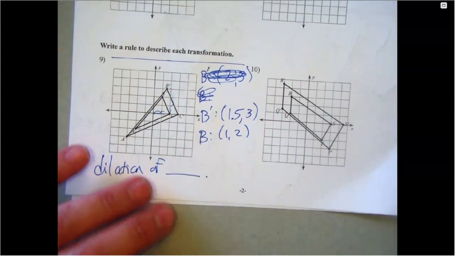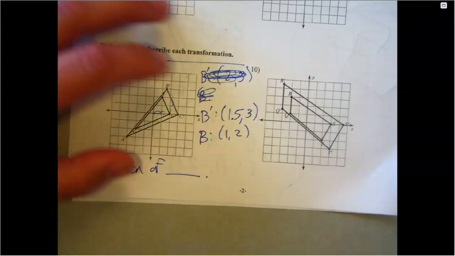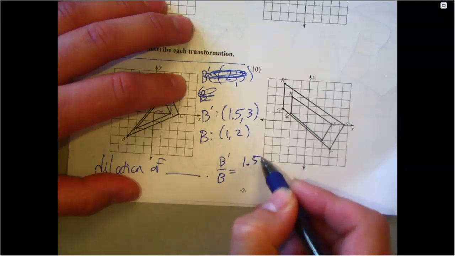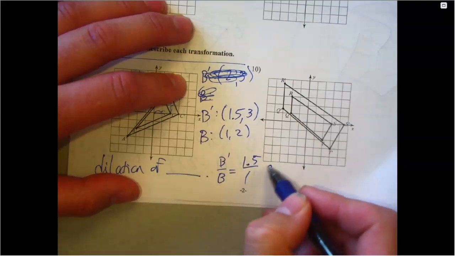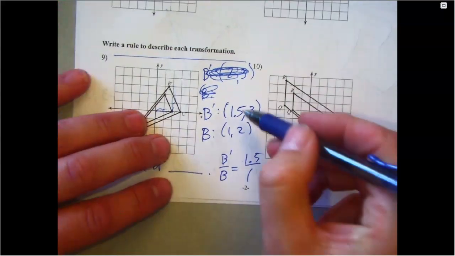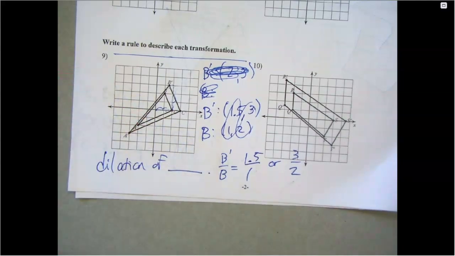So what you're going to do is pick either one of those and divide. I'm going to do B prime divided by B. So you can either do 1.5 divided by 1, or you can do 3 divided by 2. You just pick it, use those two or those two. And you're going to divide that.